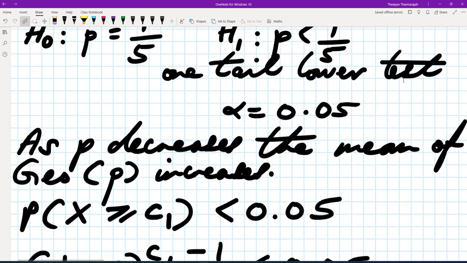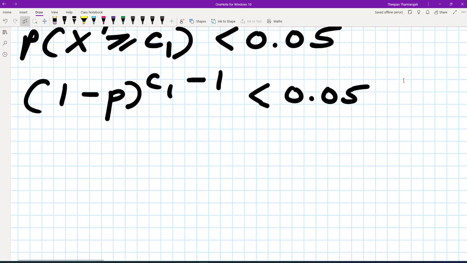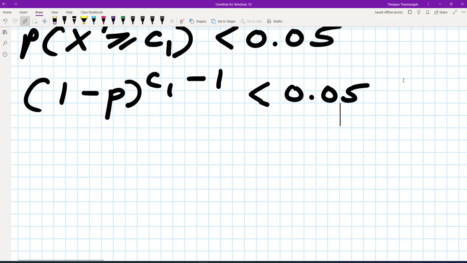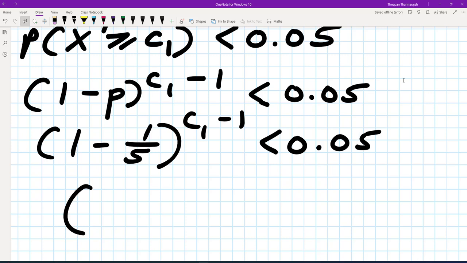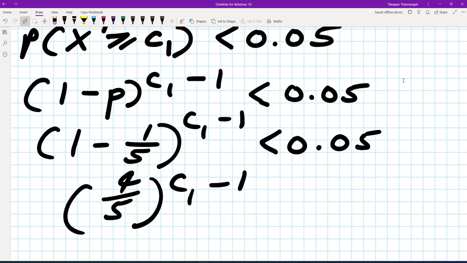Now, our probability is a fifth. So we say (1 minus a fifth) to the power C1 minus 1 is strictly less than 0.05. That's (4/5) to the power C1 minus 1 is strictly less than 0.05.